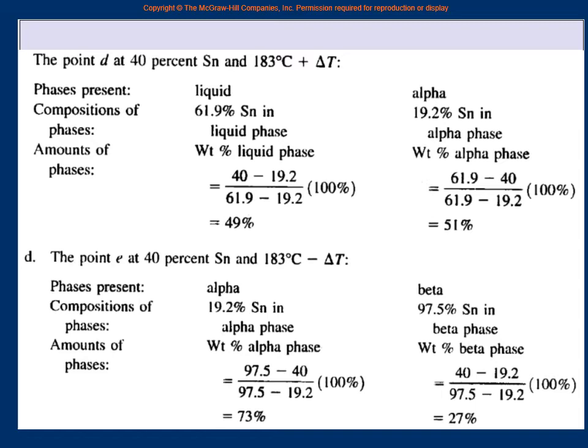If you have a hard printed copy of the lectures, then on the diagram, take a scale, take a sharp pencil, try to draw a vertical line at the given composition, try to draw a horizontal line at the given temperature, and then start the work, right?